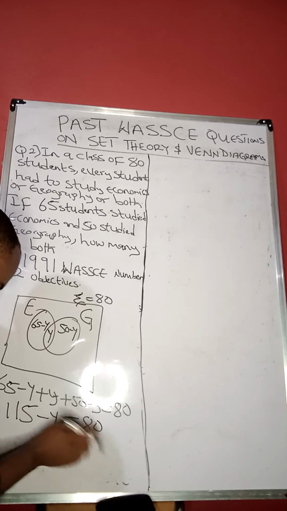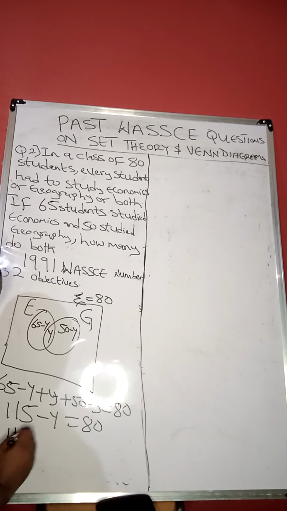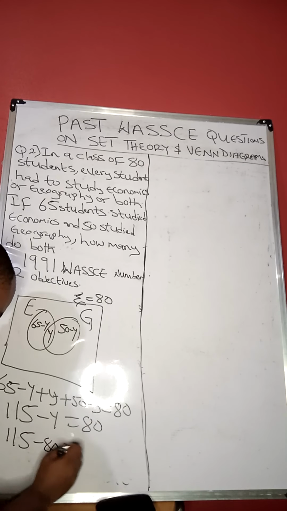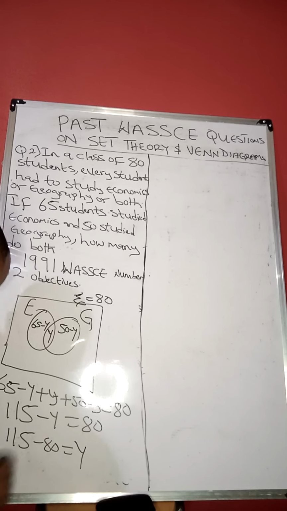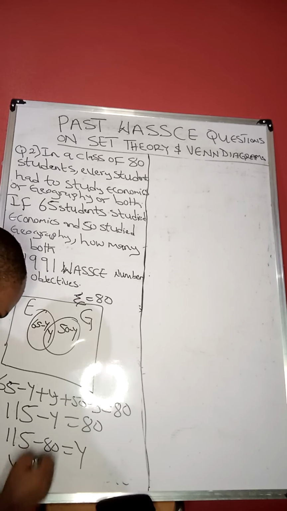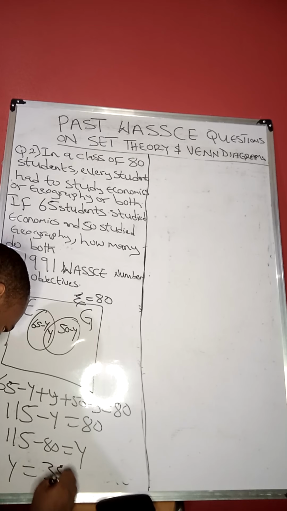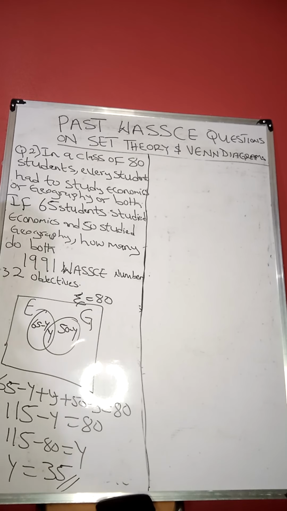Take this to this side, bring this to this side. 115 minus 80 is equal to Y. So my Y is 35. And the question simply asks us how many students do both. So our Y is the number of students that do both, where E intersects with G, which is 35. All right, that's that question.